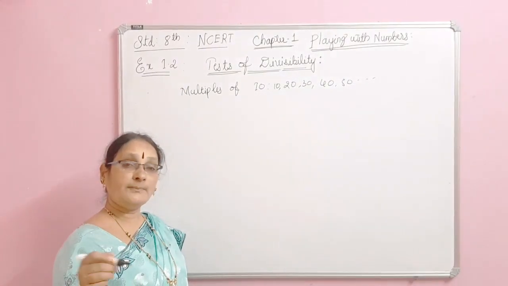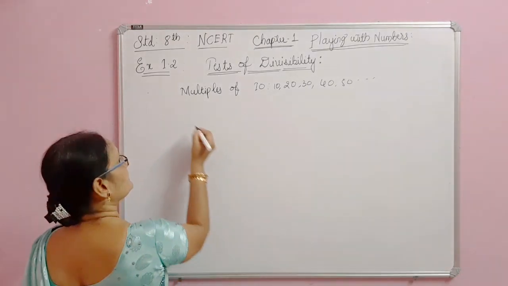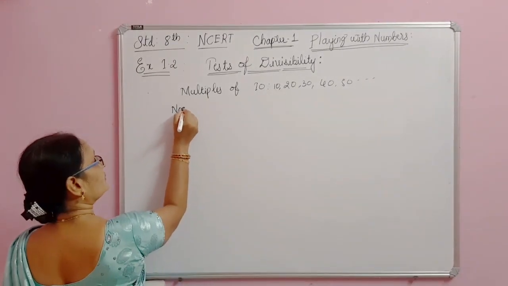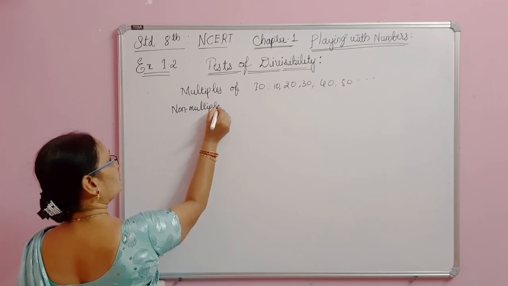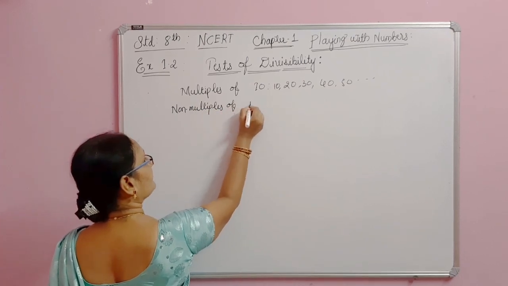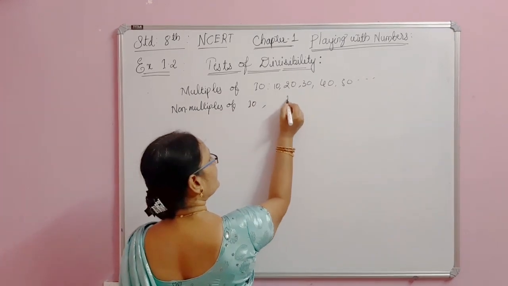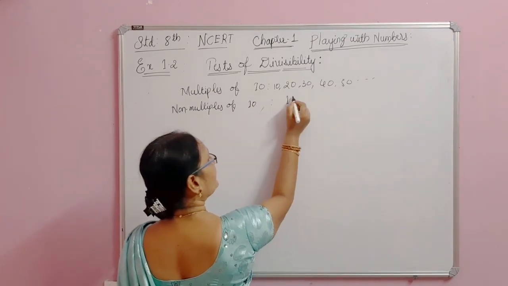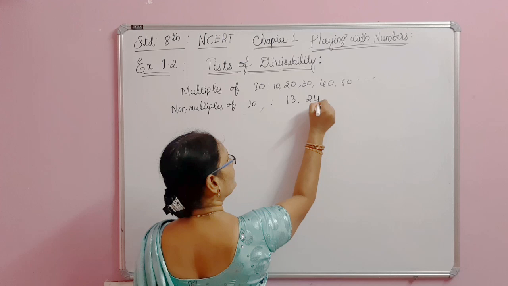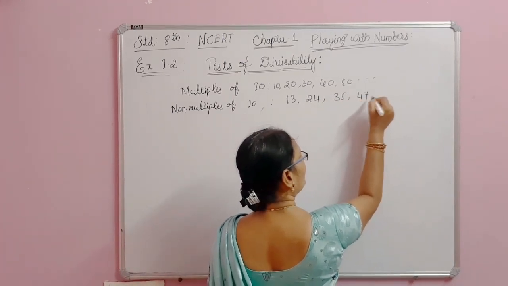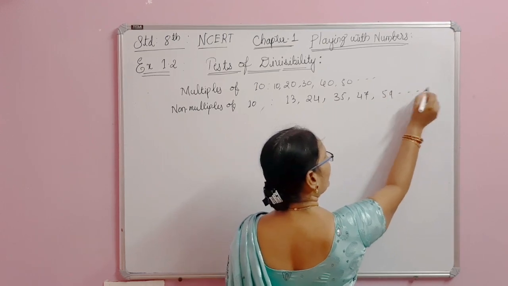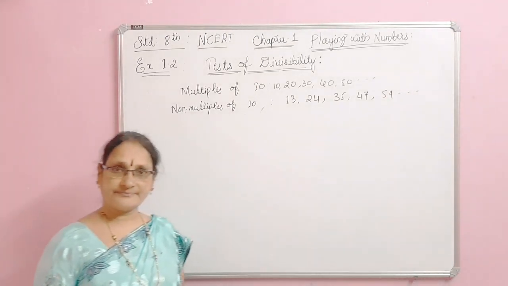Then some non-multiples of 10 we will also write. Which are those? Maybe they are 13, 24, 35, 47, 59 and so on we can write.